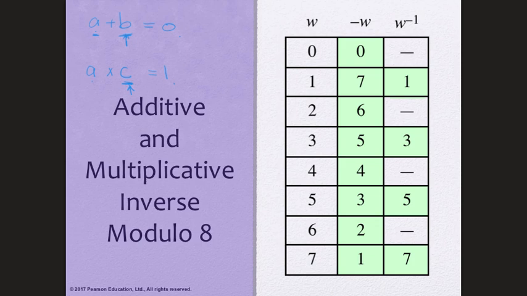The key idea is to understand the definition of multiplicative inverse and the definition of additive inverse, and to be able to figure them out, to be able to find what's the multiplicative and what's the additive, and to understand that there is always an additive inverse for any number, modulo anything, right? But sometimes there are multiplicative inverses and sometimes not. So it's not necessarily that for every number modulo n, there is a multiplicative inverse. But there is always an additive inverse, okay? Any questions?